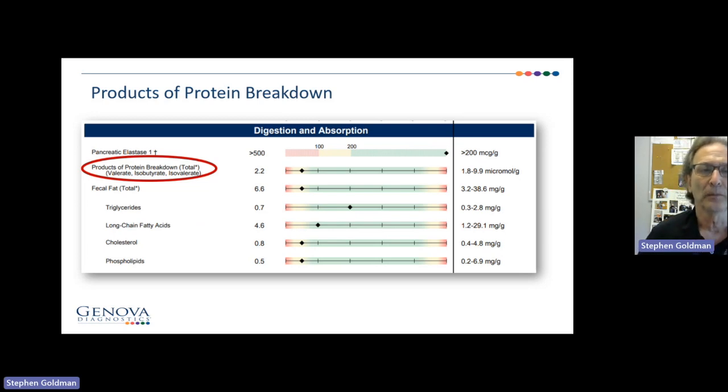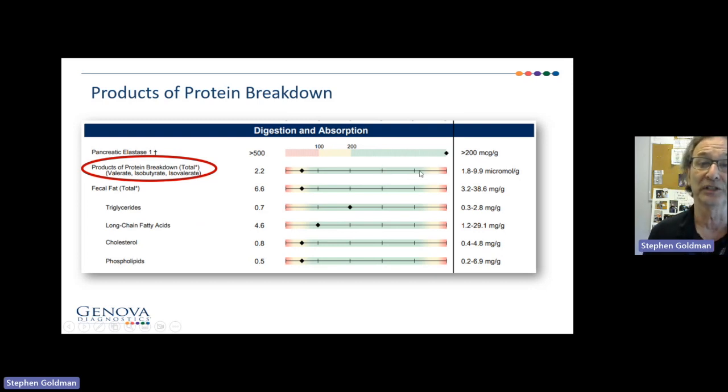If those partial proteins are poorly absorbed, if they linger in the gut, by the time they get to the colon, they've really mingled with a lot of anaerobes that will putrefy them into products of protein breakdown. So if you have a high concentration, I know we don't here, but if you had a high concentration, it may indicate malabsorption, maldigestion of protein, but it might also be linked to diet.